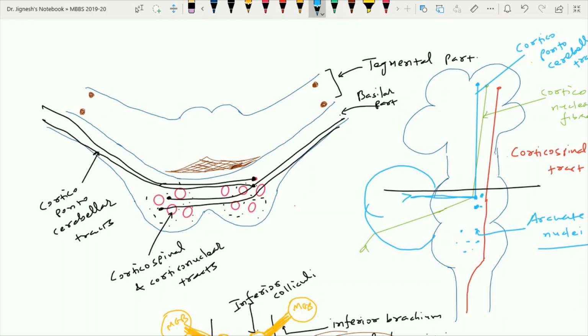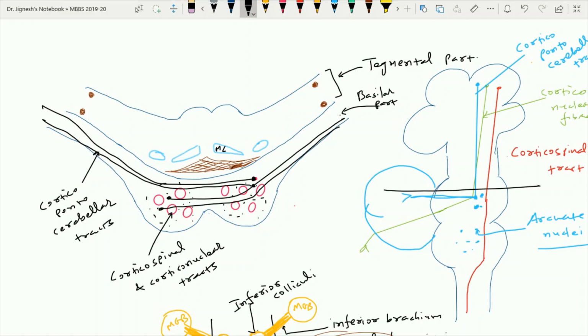Just in front of this trapezoid body, we find the medial lemniscus, one on each side, and just lateral to this medial lemniscus, we find the spinal lemnisci. The medial lemniscus consists of the ascending sensory fibers from the nucleus gracilis and nucleus cuneatus, passing upward after sensory decussation, which you have already learned in the medulla oblongata.